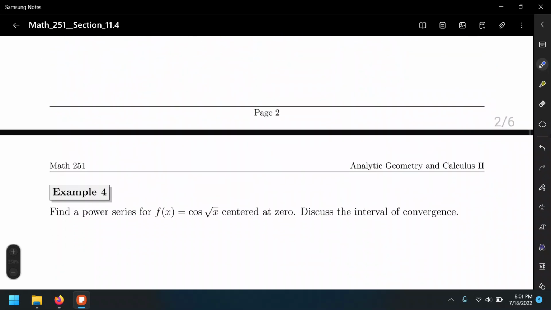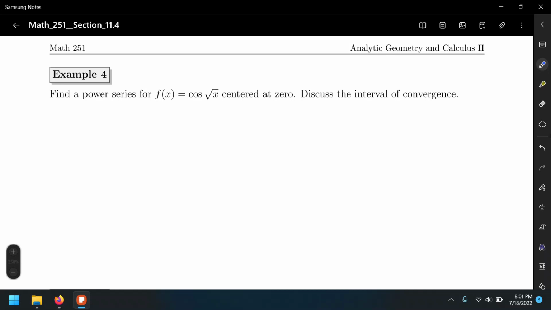Find the power series for f of x equals cosine of the square root of x. We already did something like this in the previous section as well. However, this exercise is going to be very, very interesting, and you'll see why. Let's start writing the function first. f of x equals cosine of the square root of x.